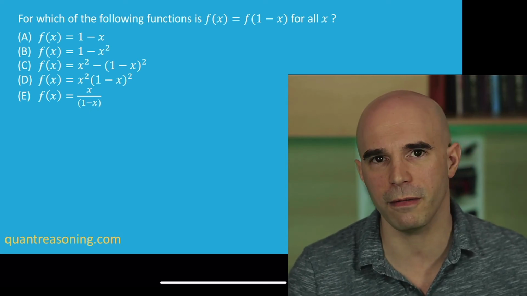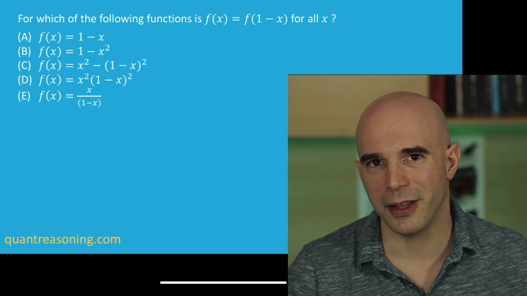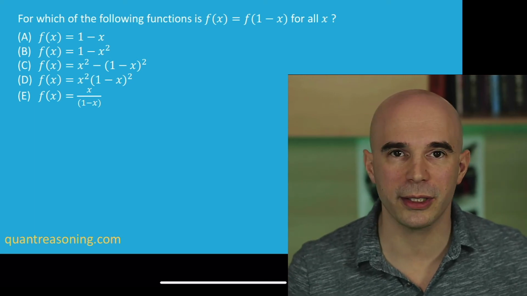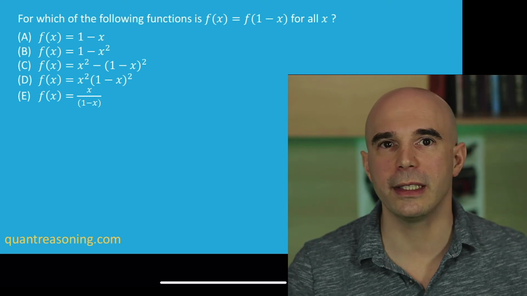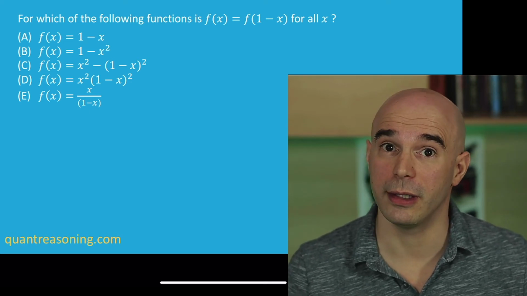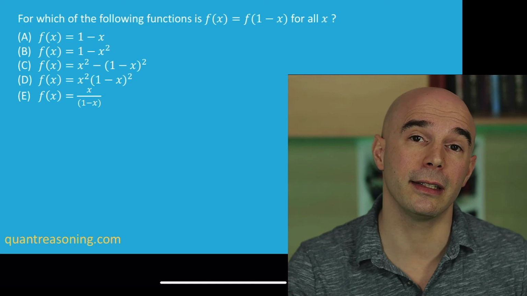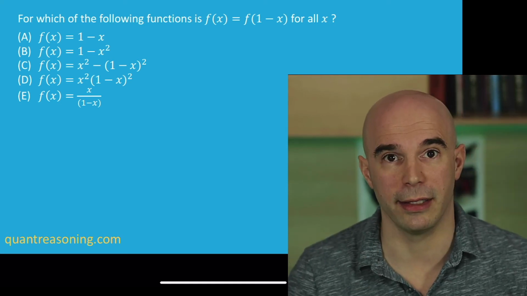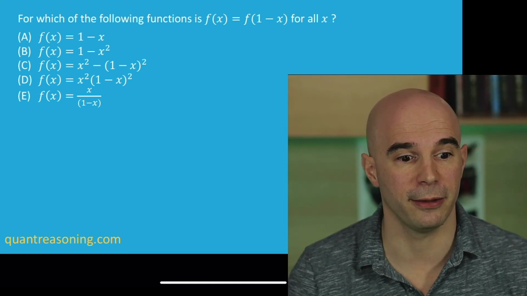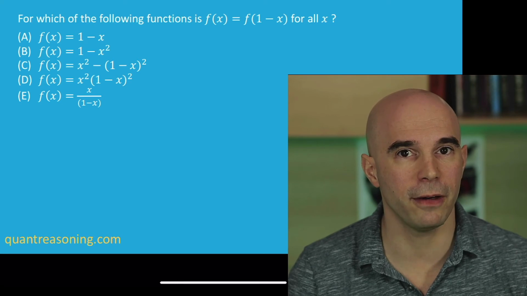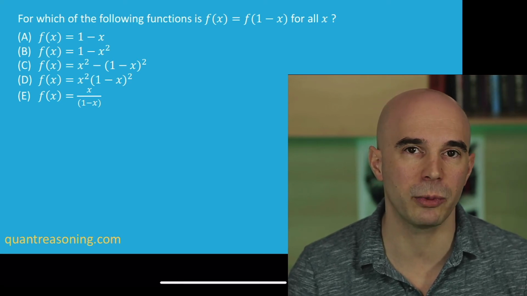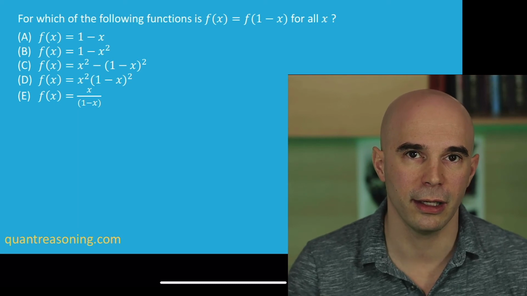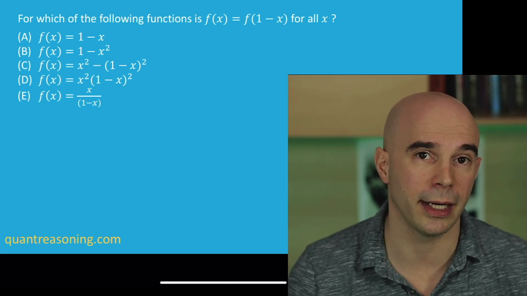We're looking for a function that no matter what input you send into it, will always give you the same output as it would if you sent in 1 minus that input, 1 minus that value. There's not a lot of functions in the world that would give you the exact same output regardless of whether you sent in an input or 1 minus that input.